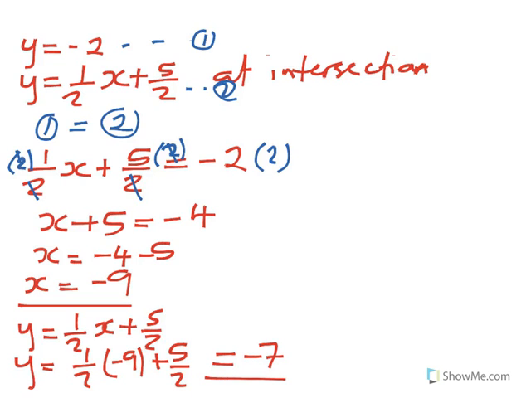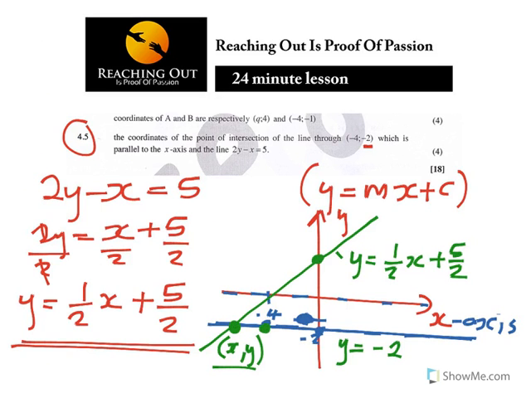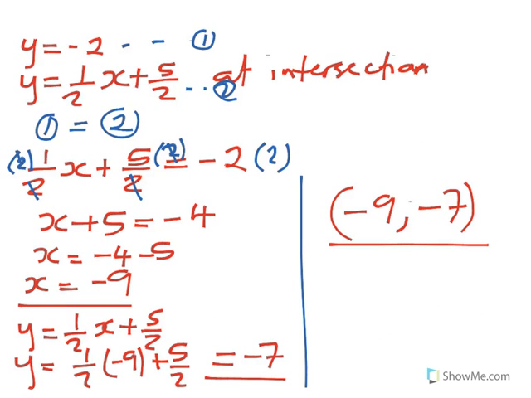The coordinates are -9 and -7. Those are the coordinates of the point of intersection. As you can see, the point of intersection that you get is not necessarily on this line. It is -2 for y, and x -9 and -7.